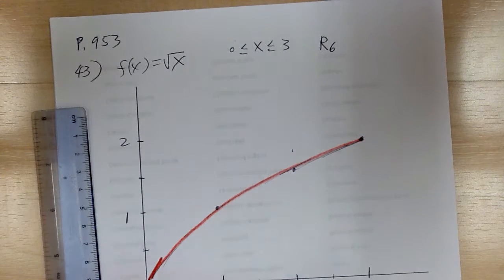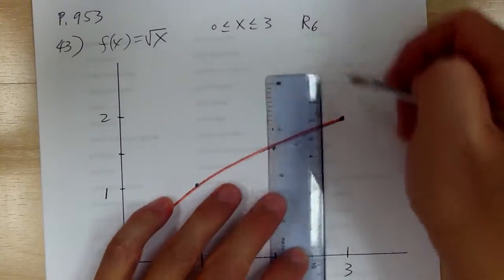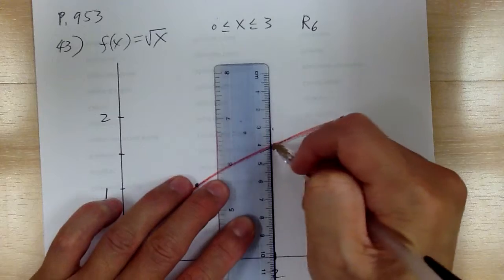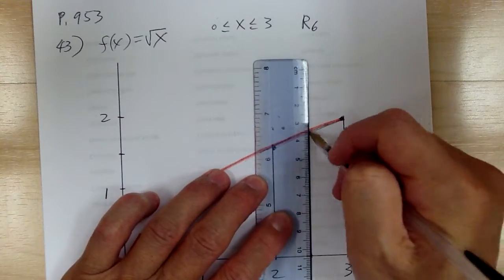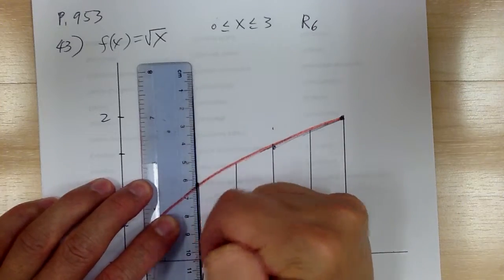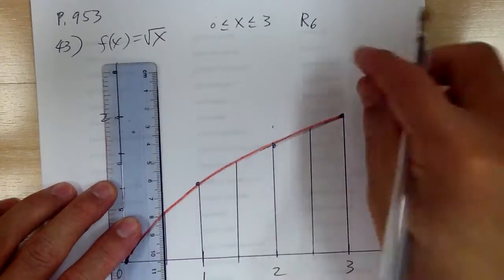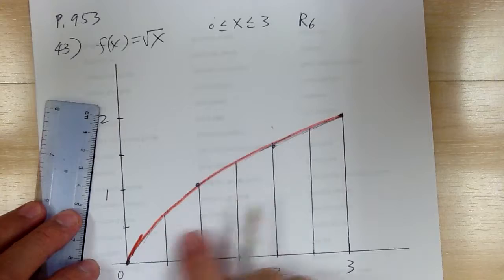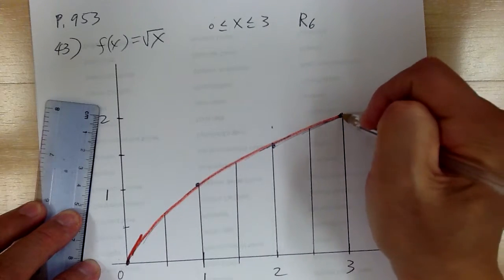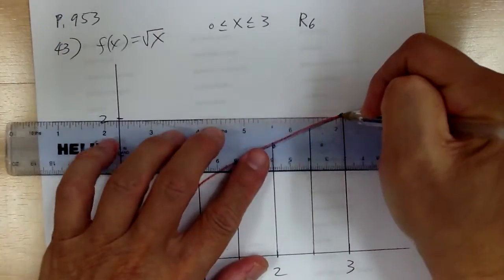And so again, R6 means you're going to have 6 strips. The 6 means there are 6 strips. R means for each strip you want to use the right side as the height.